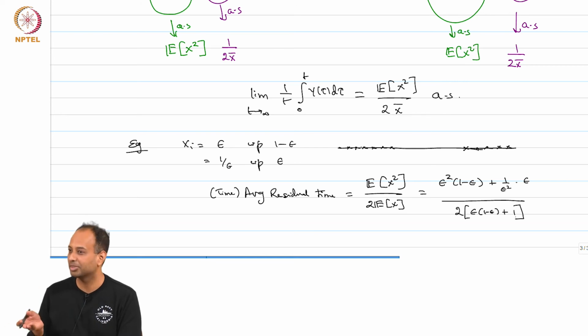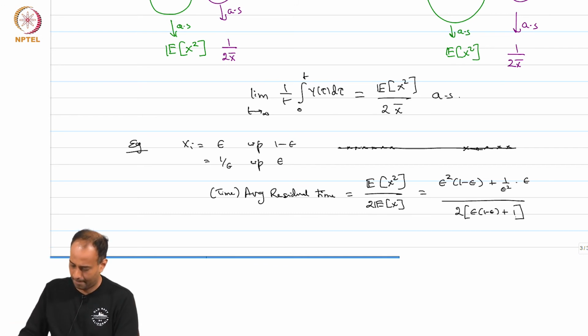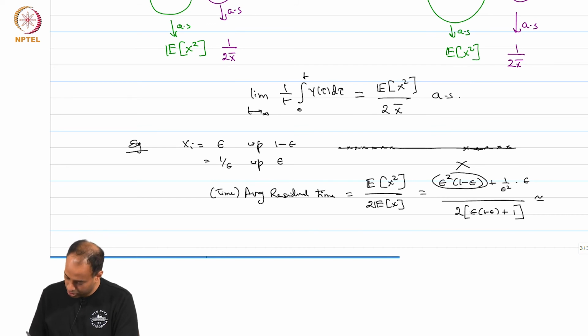I am just calculating the expectation and squared expectation squared. So, what is this roughly like? See, epsilon is very small, so ignore the epsilon square term. This guy is roughly like 1 over epsilon, and this also you ignore. So, it will be like 1 over 2 epsilon.